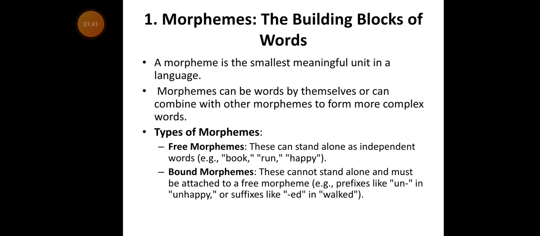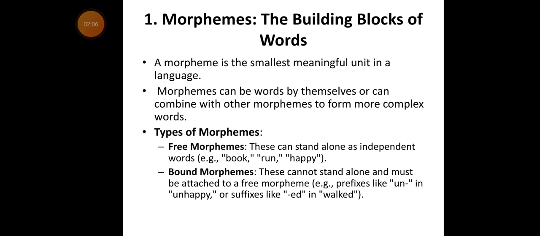Morphemes can be words by themselves, meaning they can give you meaning all alone, or they can combine with other morphemes to form more complex words. For example, in the types of morphemes, when it comes to free morphemes, by the word you can understand it, free.